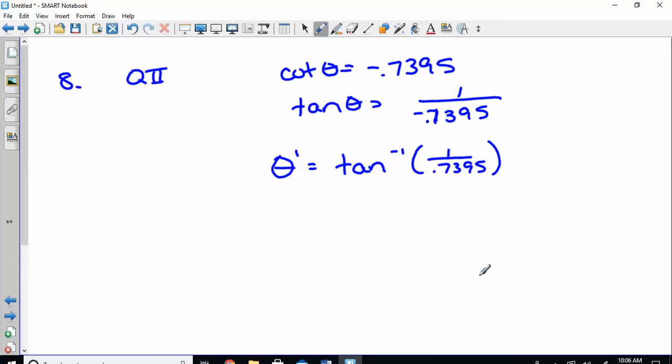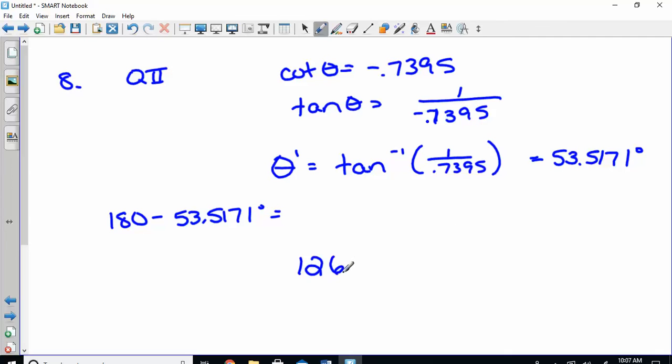And that gives us a reference angle of 53.5171. How do I put that in degrees? Or in quadrant 2, excuse me? And we get 126.4829 degrees.